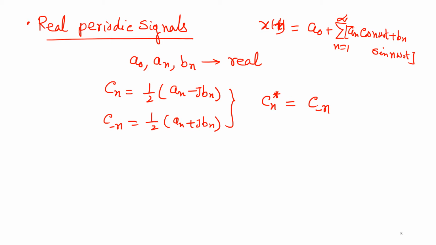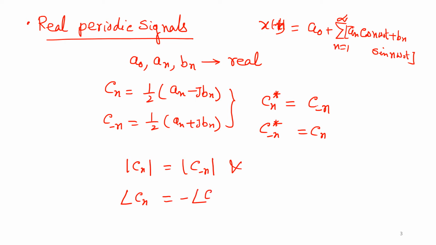And the opposite is also true. If you take C minus n, its conjugate, obviously I should get Cn. So what is the meaning of this? If they are conjugate, then the magnitude of Cn is the same as that of C of minus n, and the angle of Cn should be the negative of the angle of C of minus n.